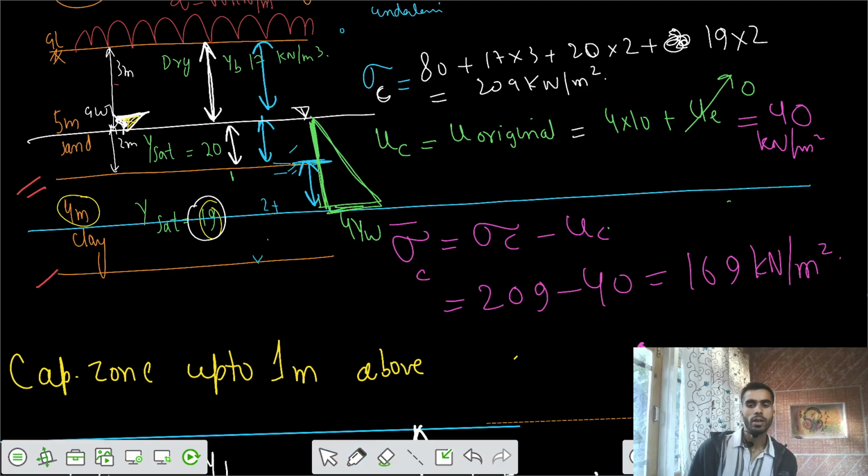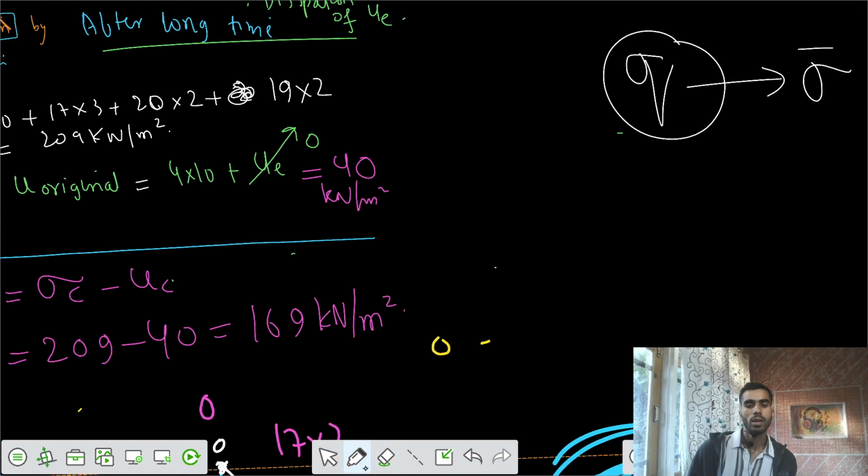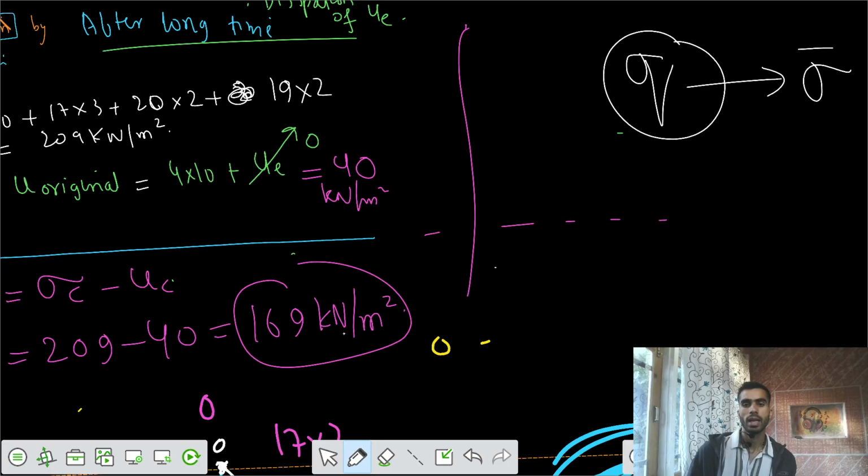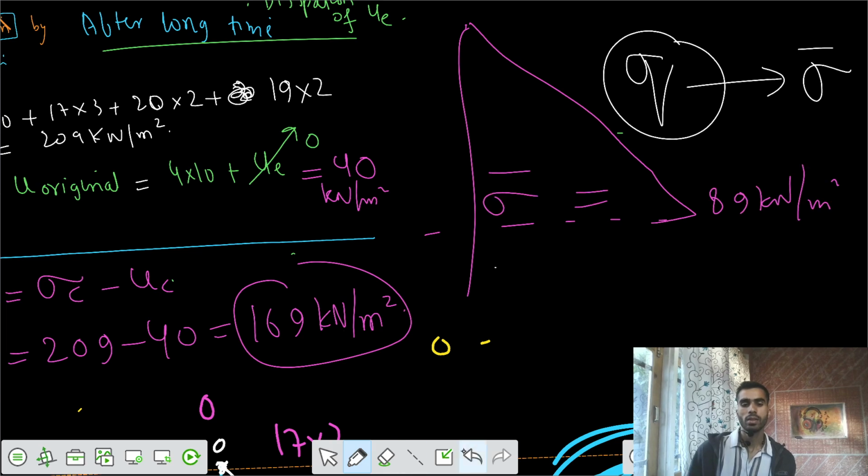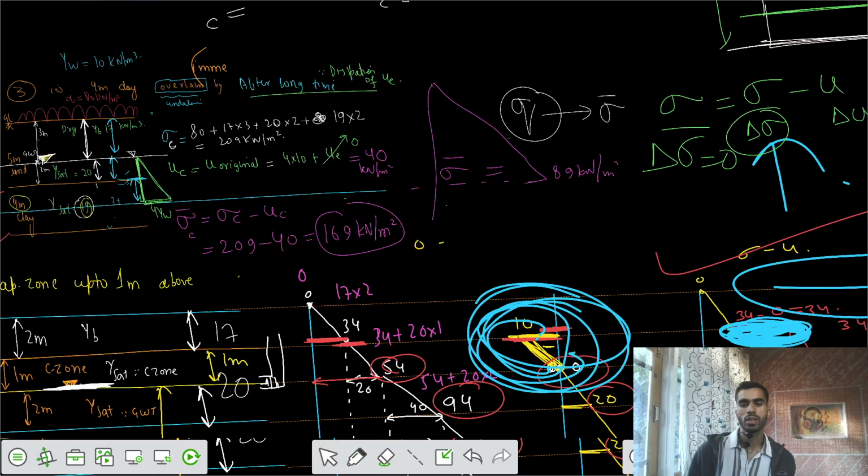And if I try to compare it with the original case, your original value was 89 kilonewton per meter square at the center of the clay. So there is an increase of the effective stress. By how much?